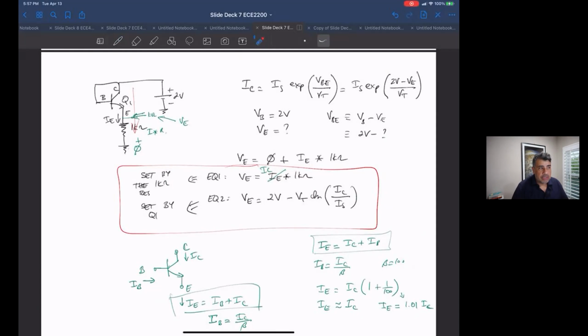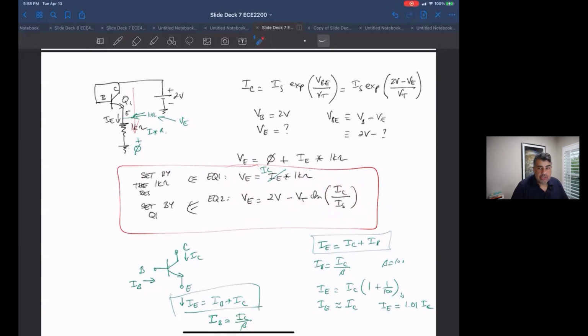But the unfortunate truth is that when one of the equations has this sort of natural log kind of thing, taking this, putting I sub C in terms of VE and plugging it in here, you're going to have a VE, and then a VT natural log of something with a VE here.